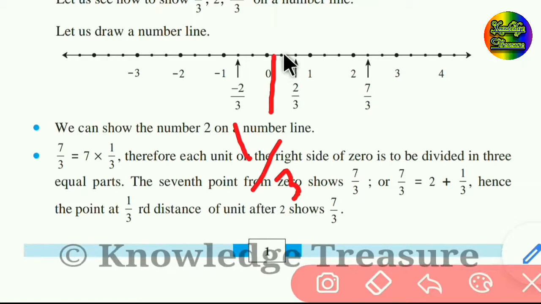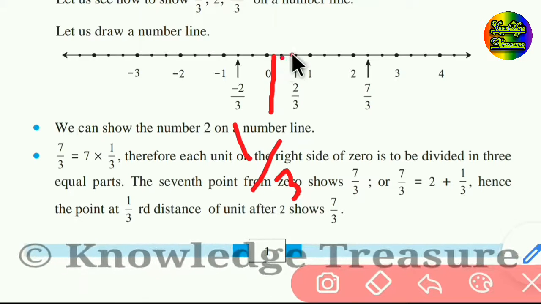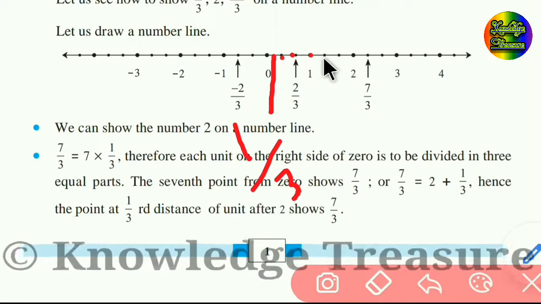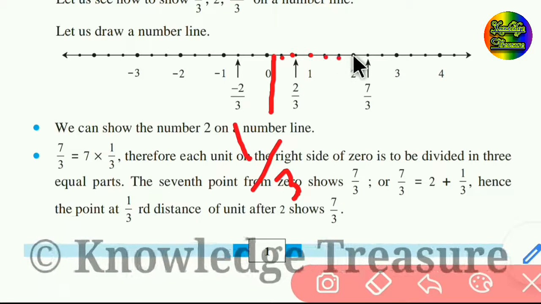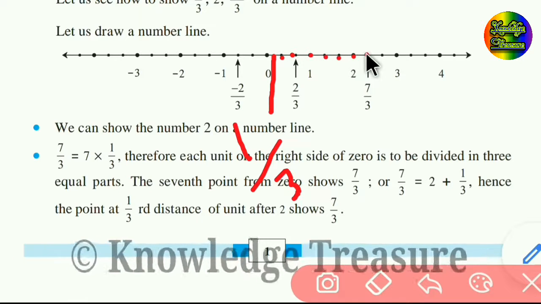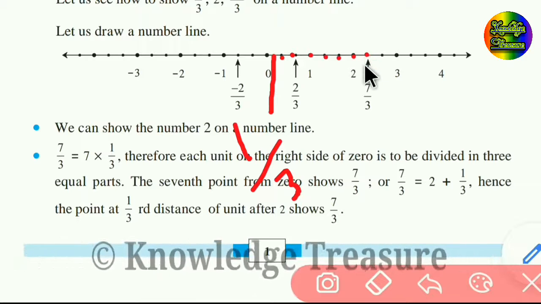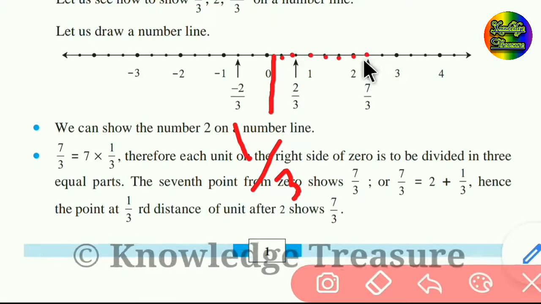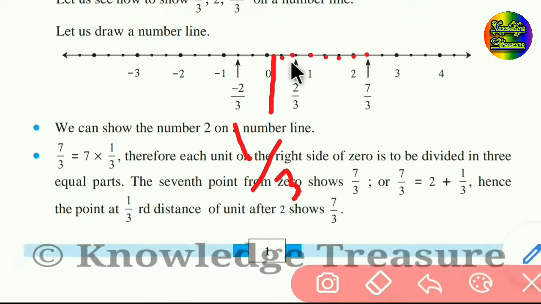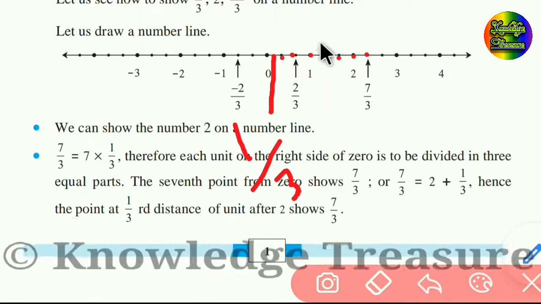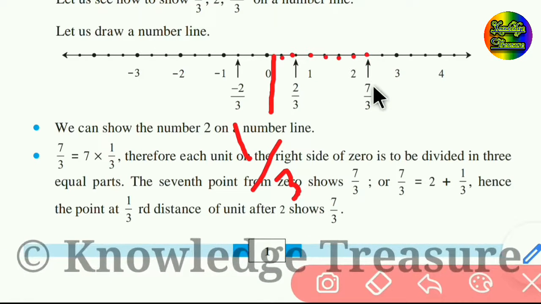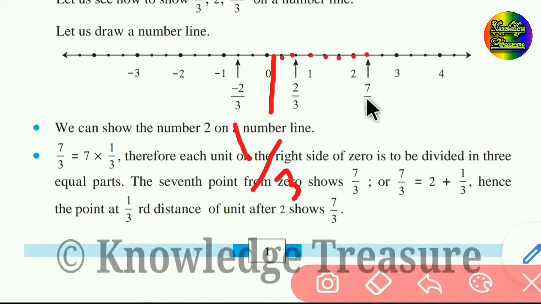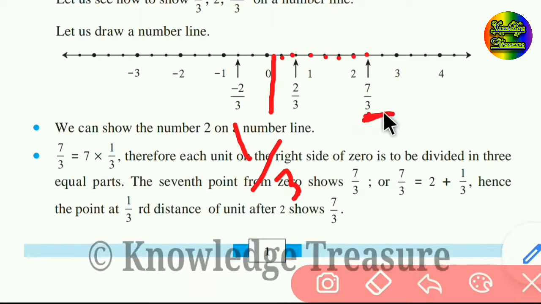Let us say first point, second point, third, fourth, 5th, 6th and 7th. Here it is the 7th point. 7 into 1 upon 3. So, the value of this point is 7 upon 3.